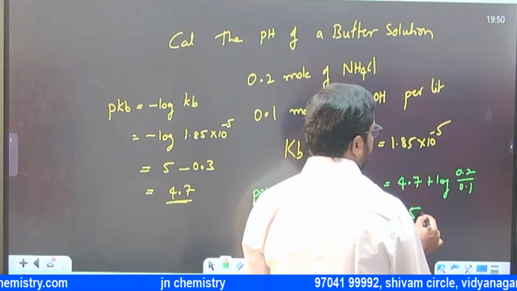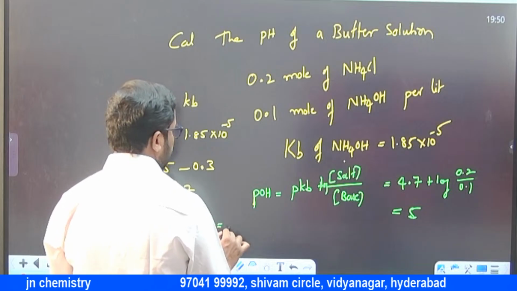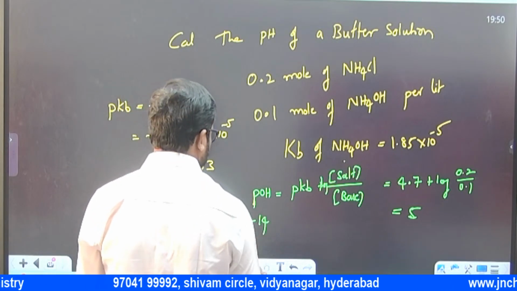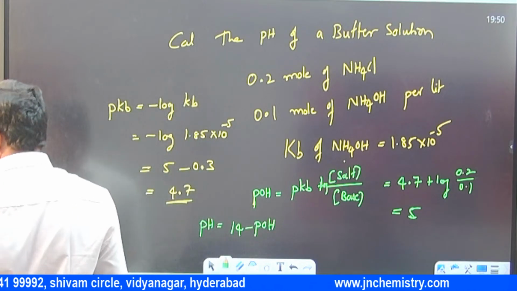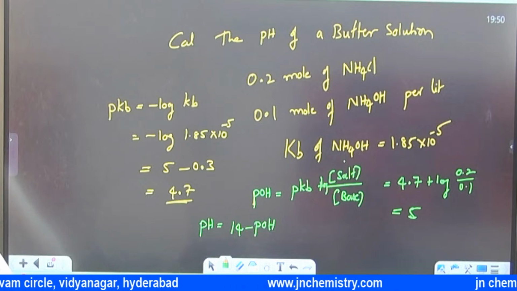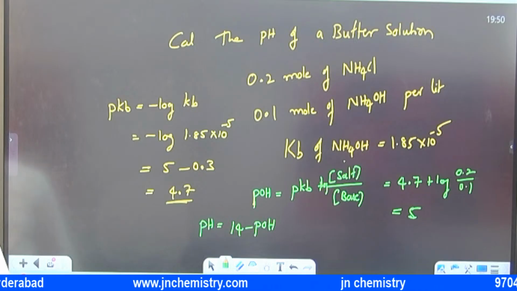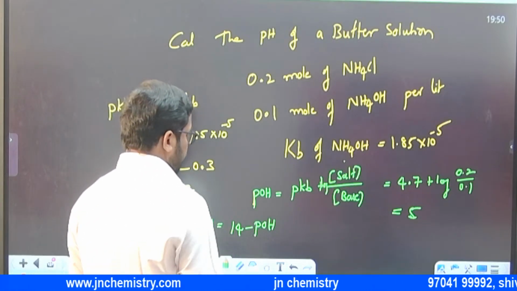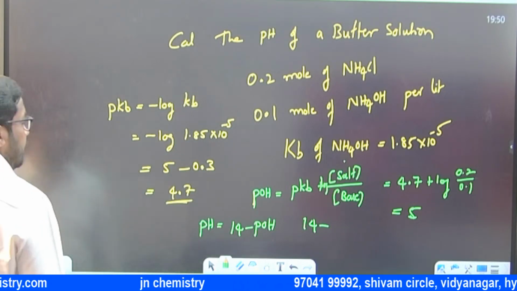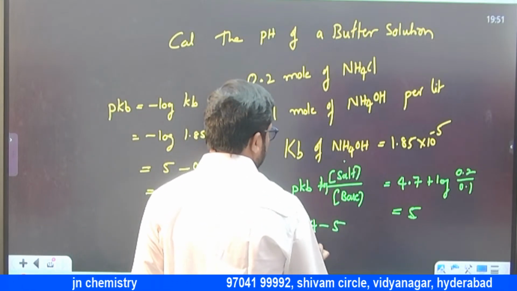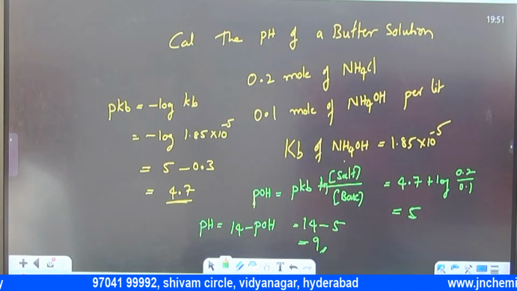So approximately we get 5. pH equals 14 minus pOH, approximately 14 minus 5. Approximately we will get 9.